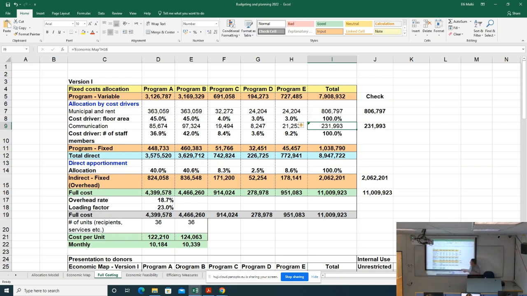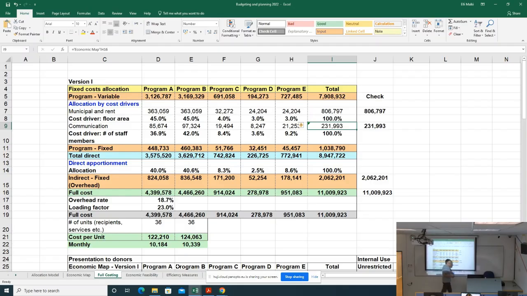So again, it depends. Then you take the list of your staff, and you just count, and you say the number of staff that I have in program A is 36.9, 42. This is how it is calculated, and again, in the exercise, you will see how to do it yourself.